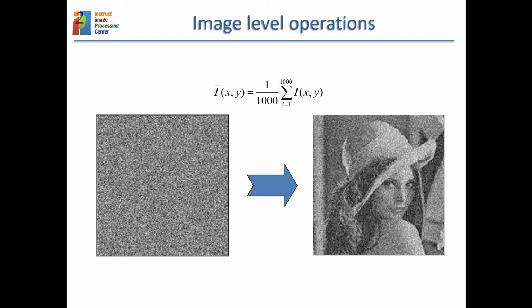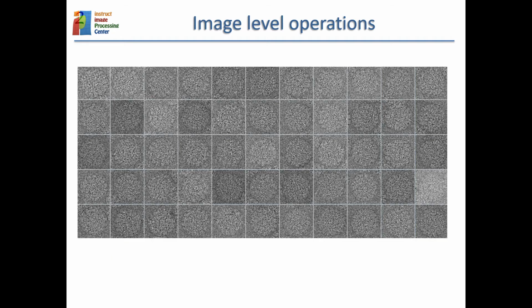So the 3D reconstruction is an averaging problem in 3D with many complications, but in the end it's averaging. And these operations that we can do at the level of images, or at the level of matrices, are also what is behind the 2D classification.